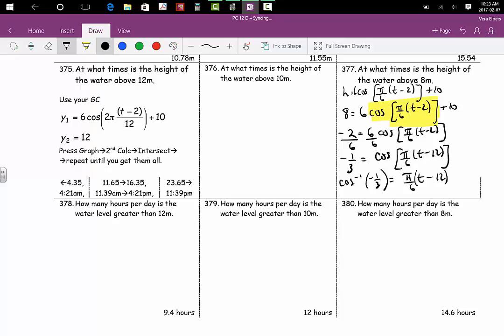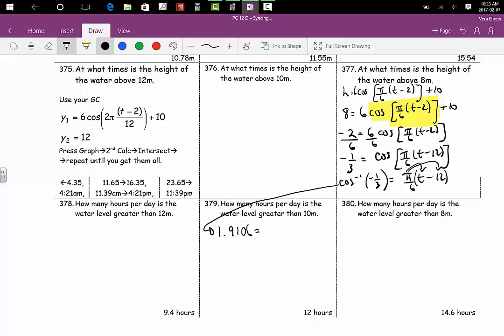Okay, I know it's kind of awkward, but I'm going to move this over here now so we can finish off the calculation. The inverse cos of negative 1/3 is 1.9106. And while I'm doing that, I'm also going to distribute my pi over 6.